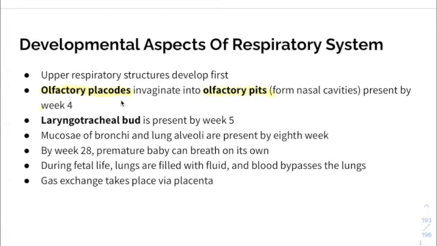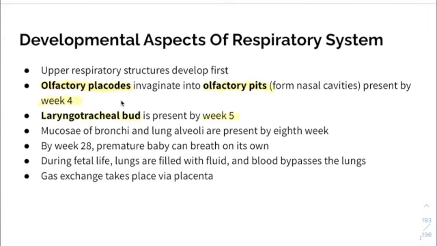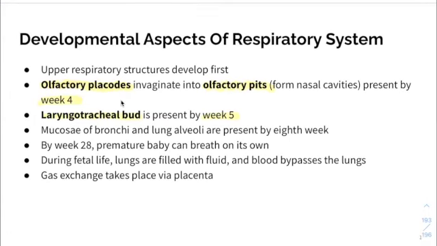This is all present by week 4 of development. We have a laryngotracheal bud by week 5. The mucosa of those bronchi and lung alveoli, we already have those by week 8. By week 28 is when a baby can breathe on its own.